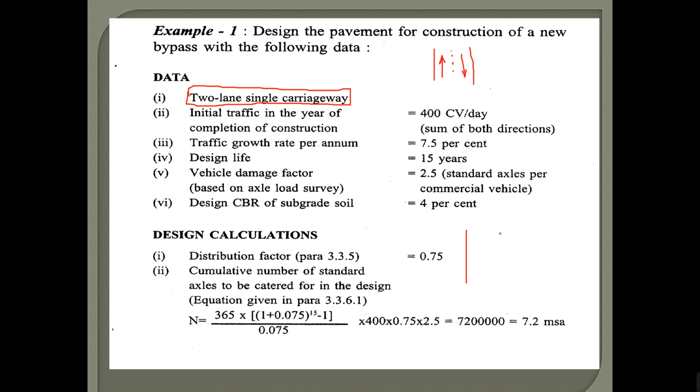How does it look? Say for example, I am going to draw the 2-lane dual carriageway. What I told you, dual means a replication on the other side. This is called 2-lane dual carriageway, where you can assume 2 lanes are meant for ongoing traffic and other 2 lanes are meant for opposite traffic.